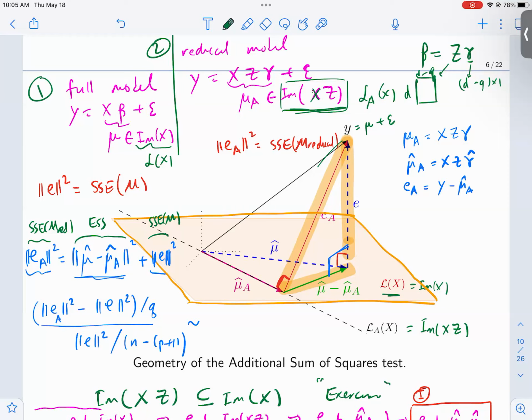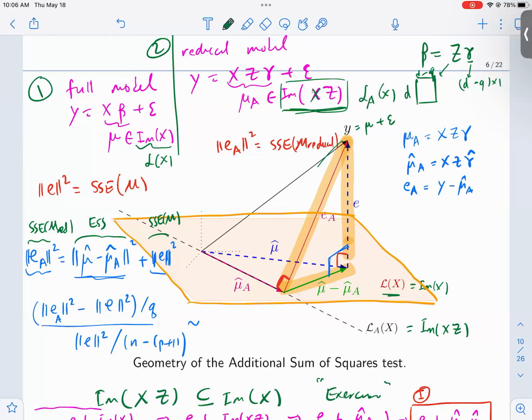Fitting the model is projecting onto the subspace. Residual is just unexplained variation. And the Pythagorean theorem is basically the decomposition of the variance. Statisticians call it decomposition of the variance. Traditional mathematicians call it the Pythagorean theorem.